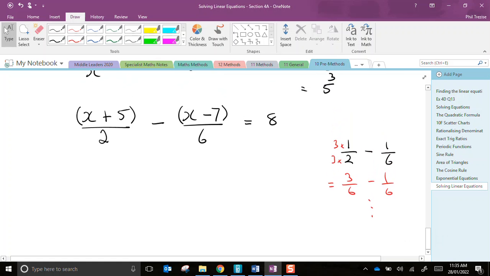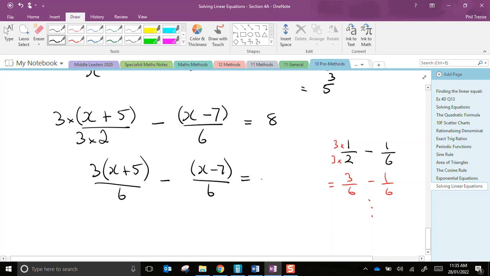We are going to make a common denominator. We are going to go 3 multiplied by and 3 multiplied by on this one. So I'm going to have 3 outside x plus 5 all over 6 minus x take 7 all over 6 equals 8.